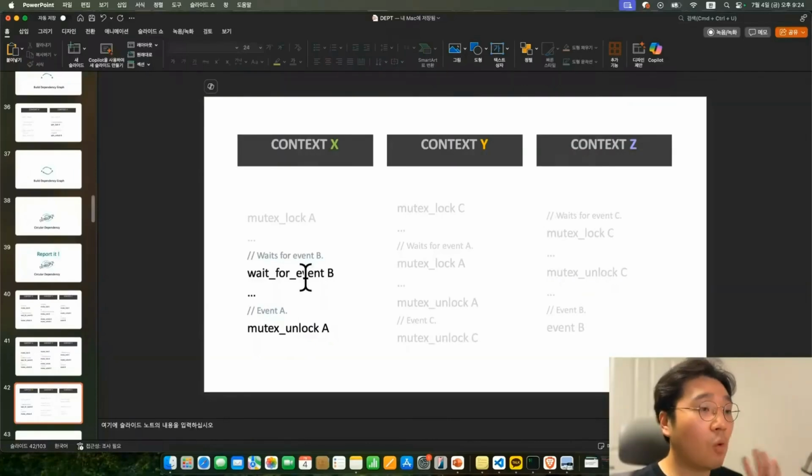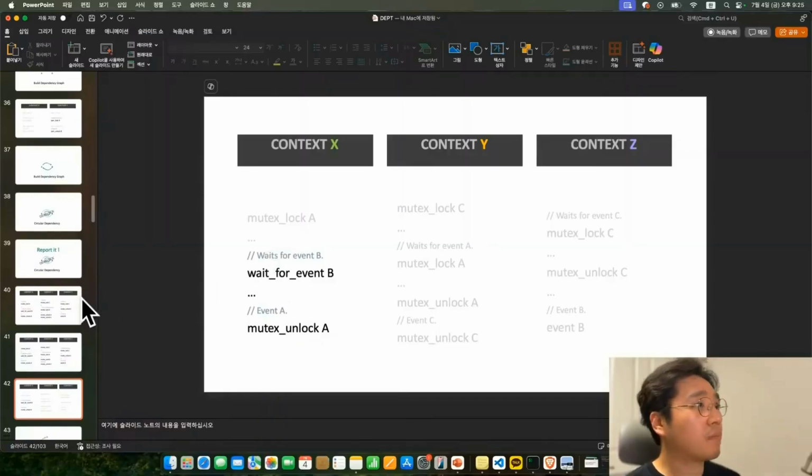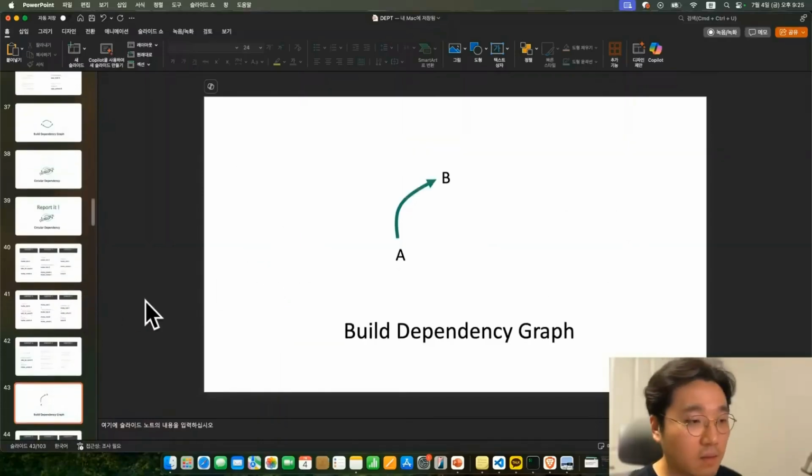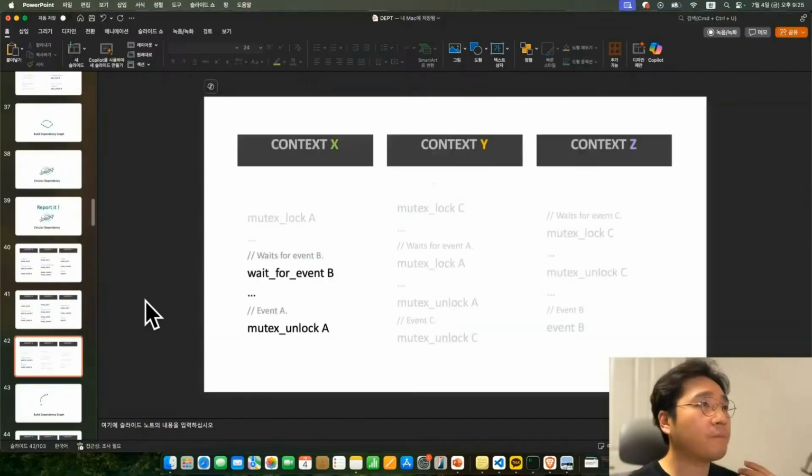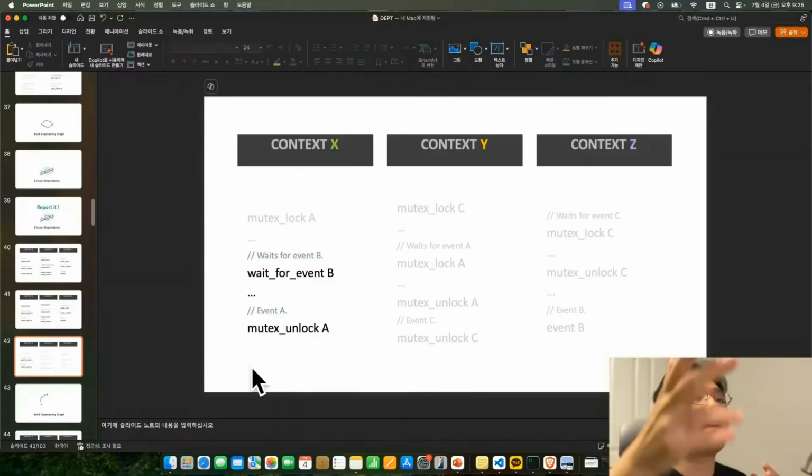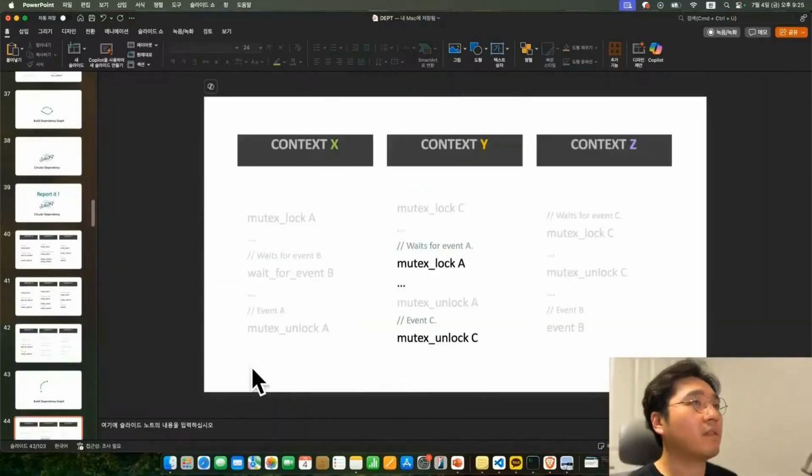Lockdep has no way to find this waiting. So we can draw the dependency graph from A to B. Event A depends on occurring from the event B, right?